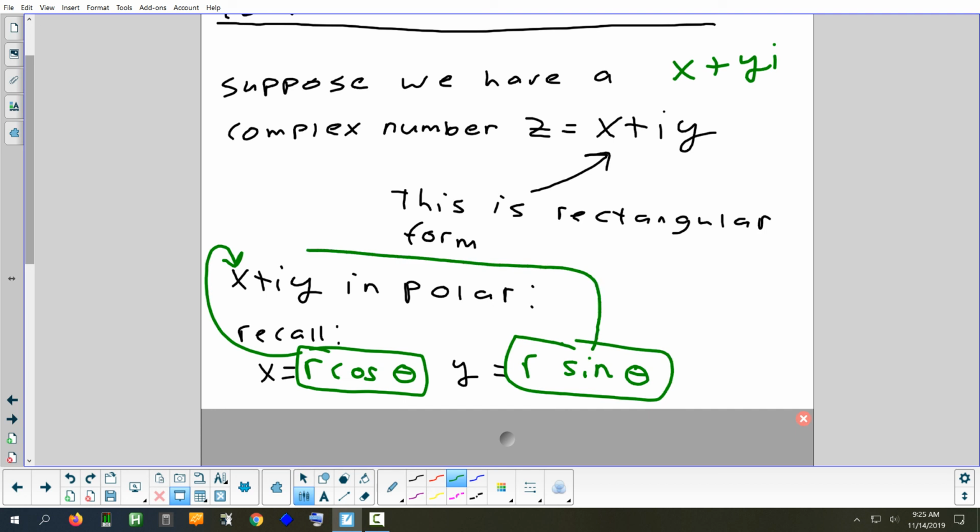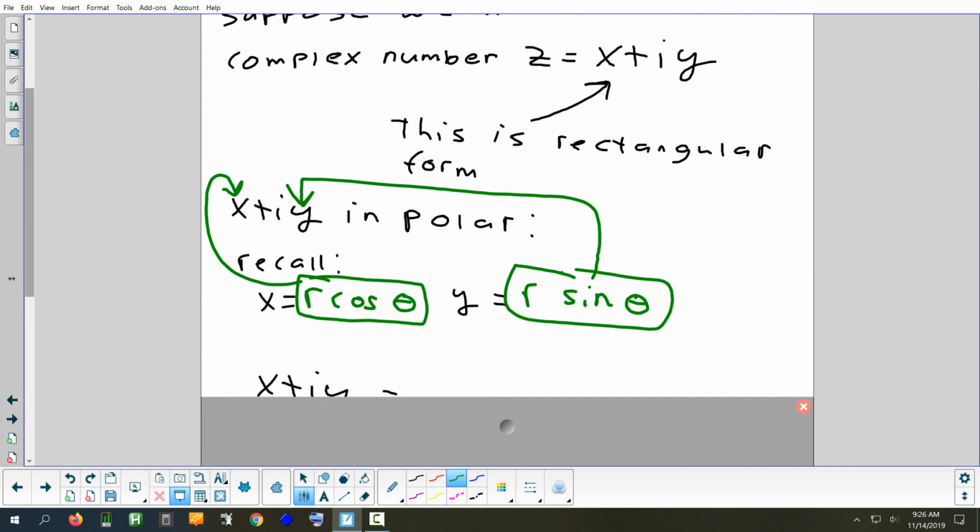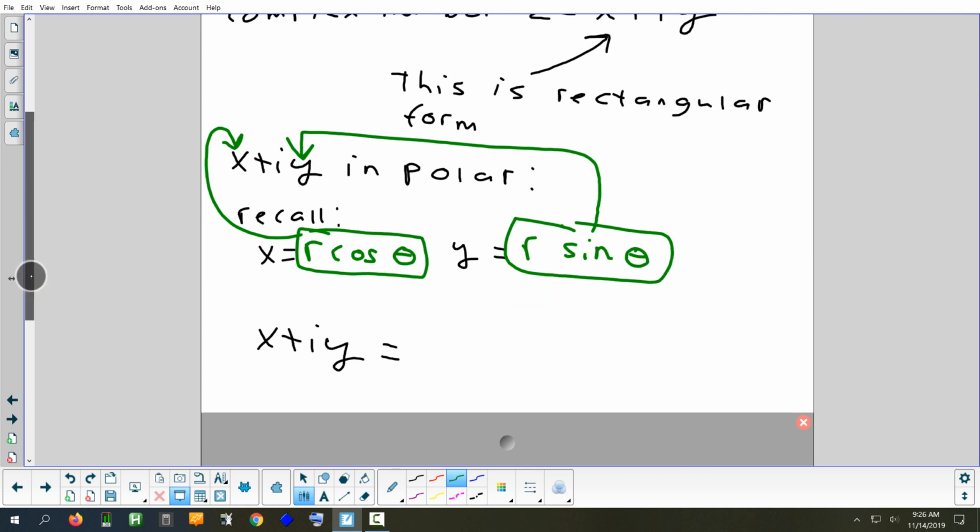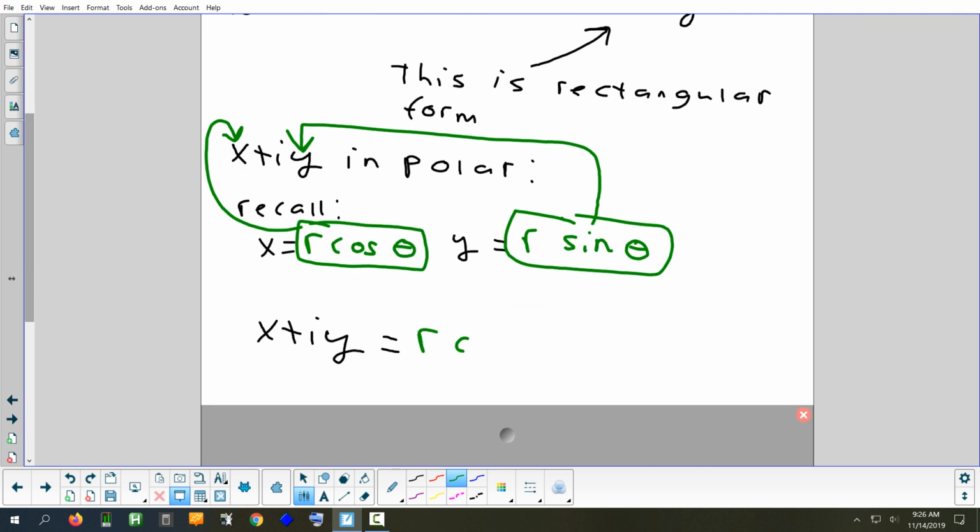That's going to get plugged in right there. Leave the I alone. The I is going to stay right where it is. So we're using the same two formulas we already know from Monday. So x is r cosine theta plus, keep the I right where it is, and then fill in y, r sine theta.